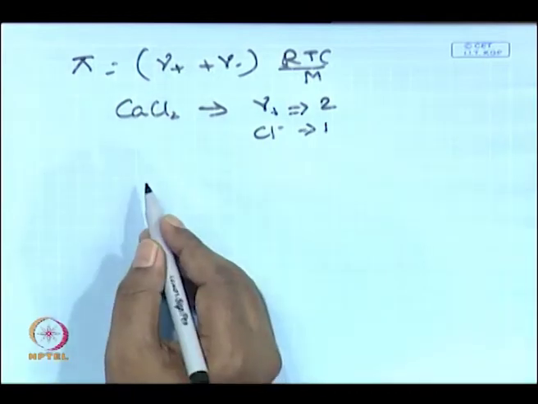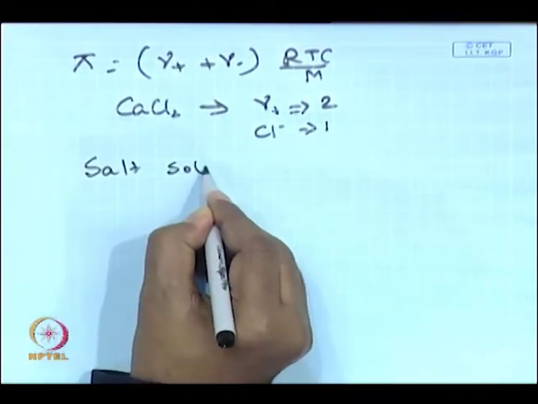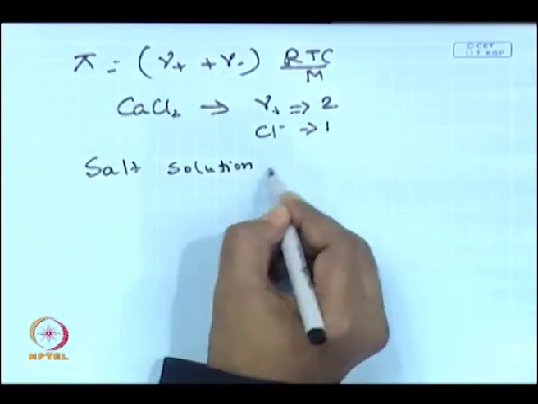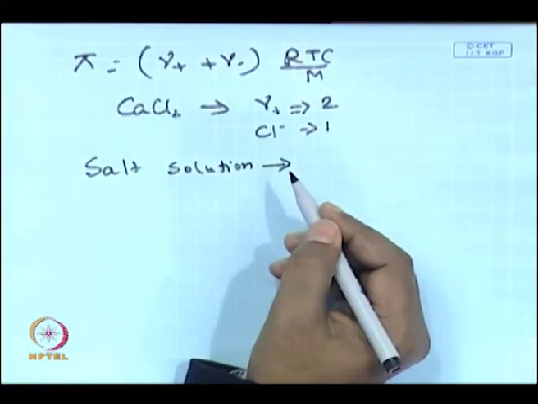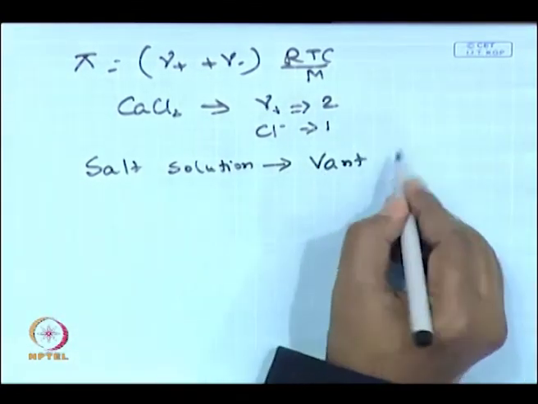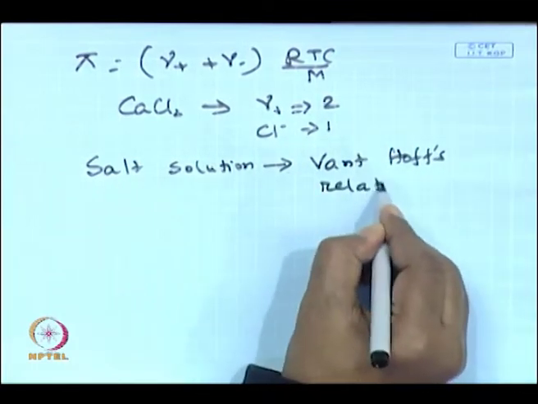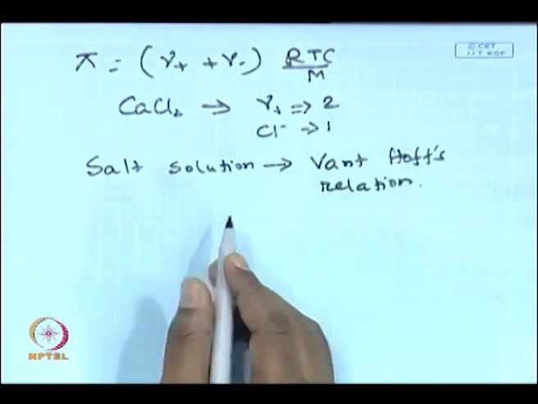So, therefore, for the salt solution, Van 't Hoff relation is good enough. For the salt solution, we can use Van 't Hoff's relation, either monovalent or divalent or multivalent.